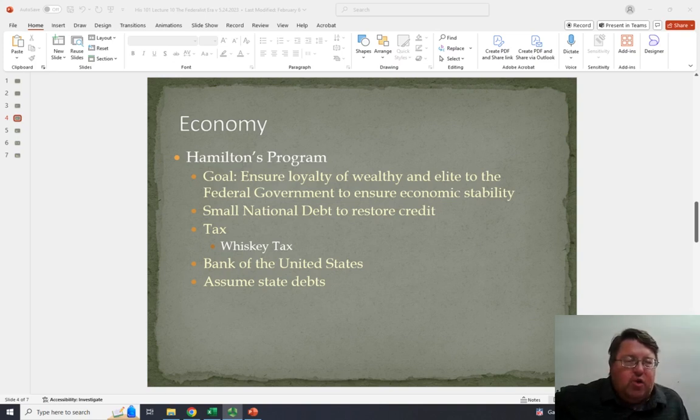Hamilton's political opponents argued that he wanted to get rid of states. And this is an example. This was the argument. It's an exaggeration. He didn't necessarily want to get rid of states, but Hamilton did want to subordinate states to the federal government.